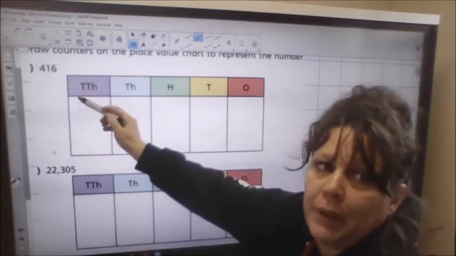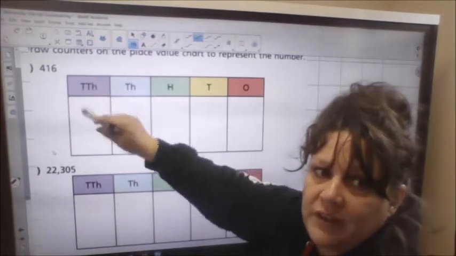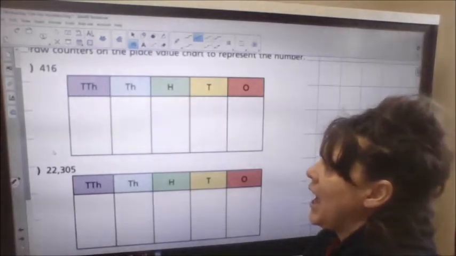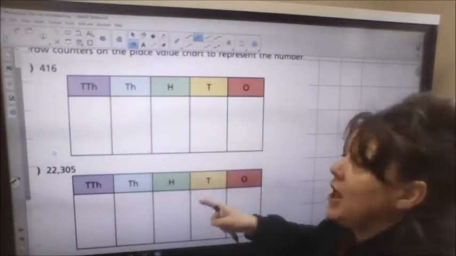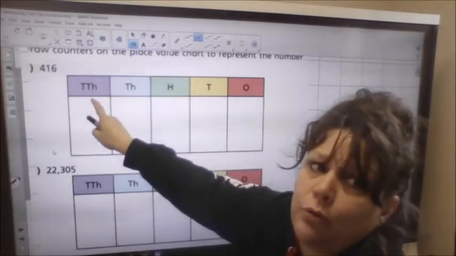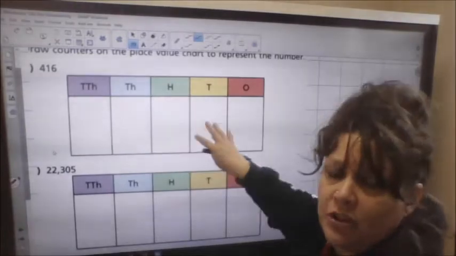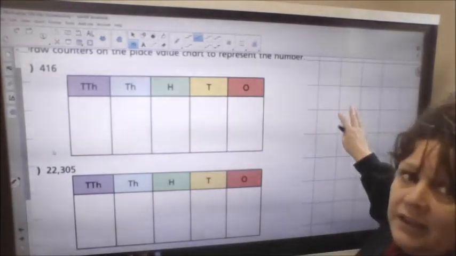You're going to place the counters in the right place to represent 416 there. And then you're going to write 416 in words because it's already been done in numerals for you. So you're just going to see, can I put the right amount of counters in the right place? And can I write it in words?